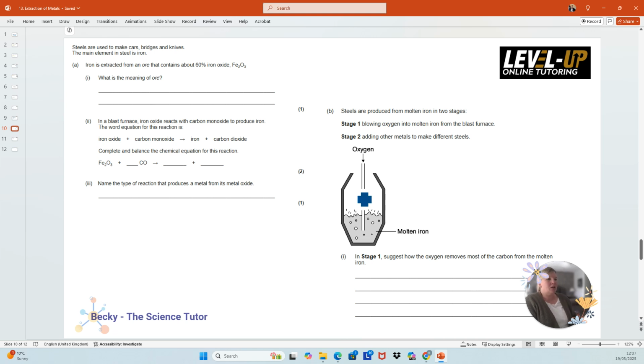The meaning of the term ore, a bit stingy on marks this one, but it's the same as we talked about earlier. Contains enough metal to make it profitable to extract.